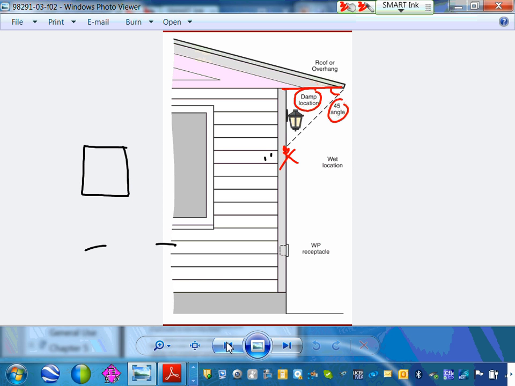Wet. So if you have an eave like this, from the eave, 45 degrees down, that angle will create this area. Anything here has to be rated for damp location. If you put your lighting fixture here, your fixture has to be rated for what? Wet location. Who cares? Most of the fixtures, guys, are rated for wet location and can be installed all over. But be aware of wet versus damp.